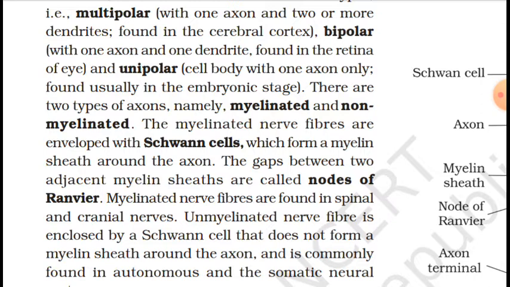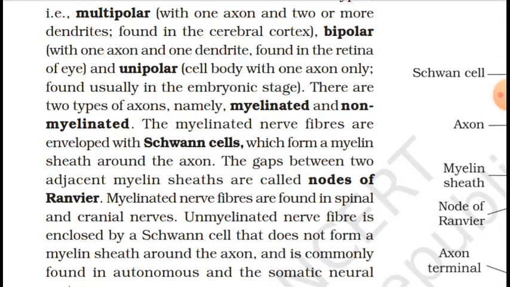There is a gap between two adjacent myelin sheaths and it is known as the nodes of Ranvier. So where this enveloping structure is not there, that is the node of Ranvier. Myelinated nerve fibers are found in spinal and cranial nerves.